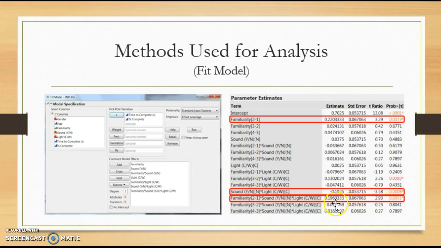And then also down here, if they had no sound and they had color lights, that was also proven to be significant. And then also our last one here was a low familiarity with no sound and also with colored lights was also significant. But when we first were doing this, we saw that there was a little bit of biased data there because of the level 5 points, so we removed those and then ran these tests.